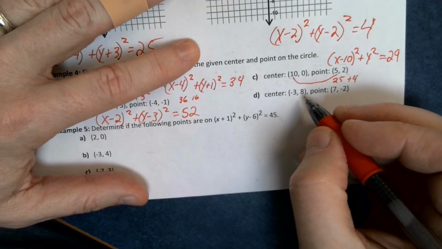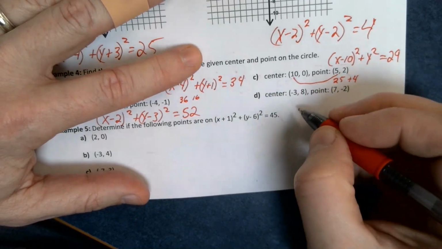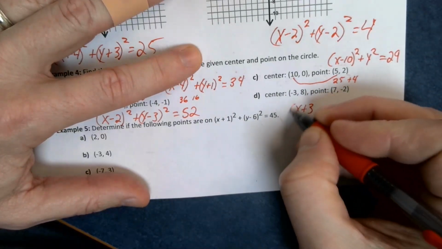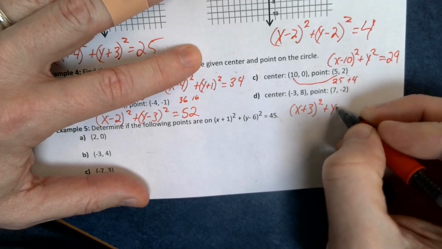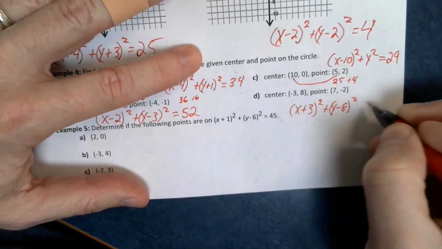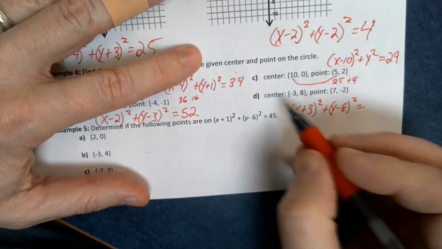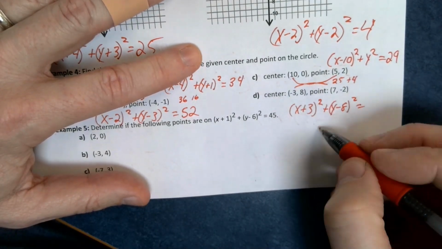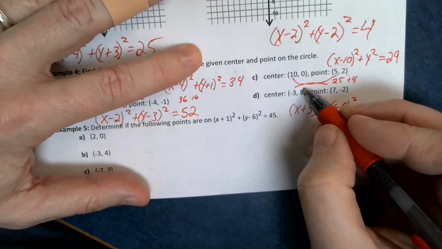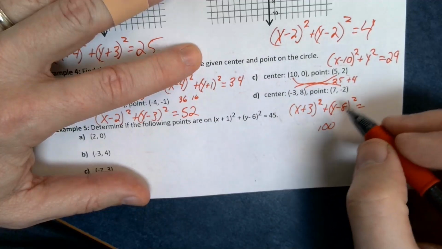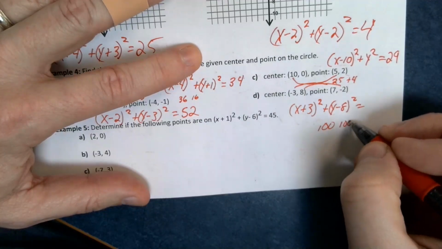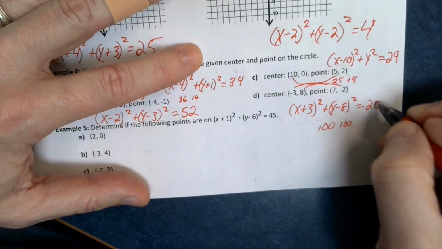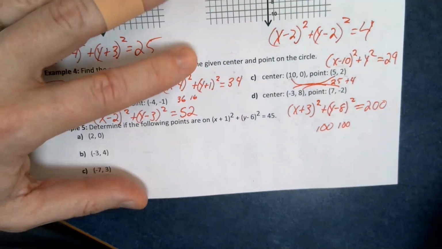Down here, center -3, 8, and 7, -2, so x plus 3 quantity squared plus y minus 8 quantity squared equals, the distance from -3 to 7 is 10, 10 squared is 100. The distance from 8 to -2 is 10, 10 squared is 100. 100 plus 100 is 200.